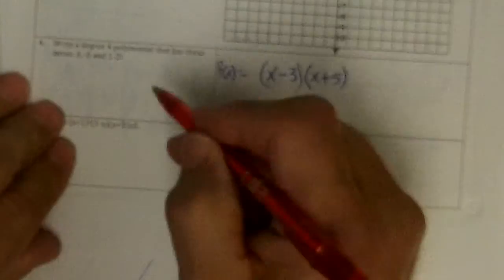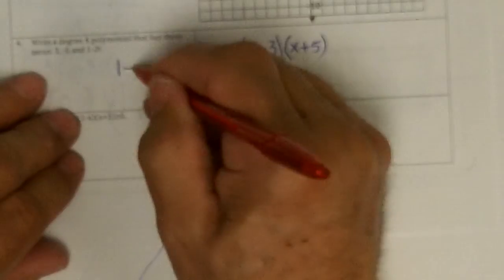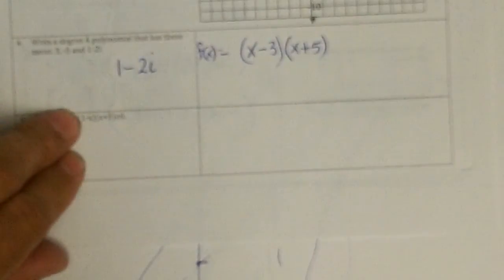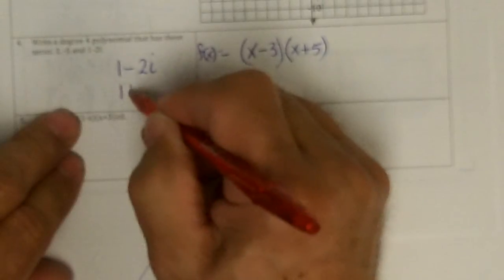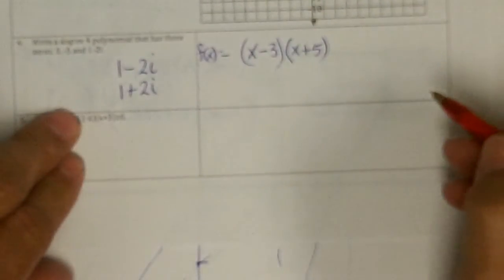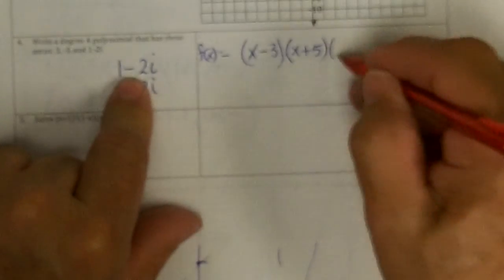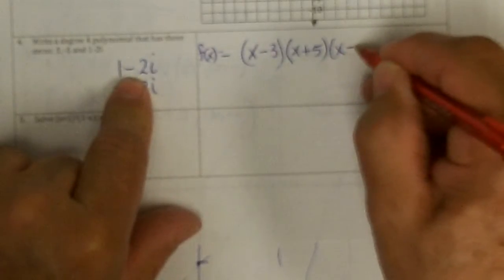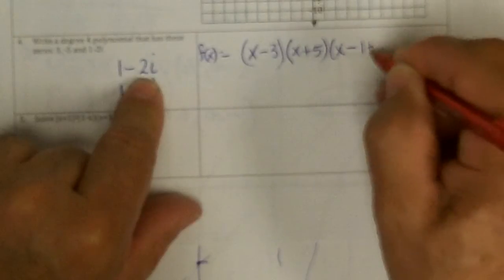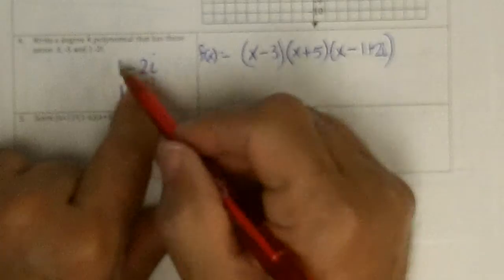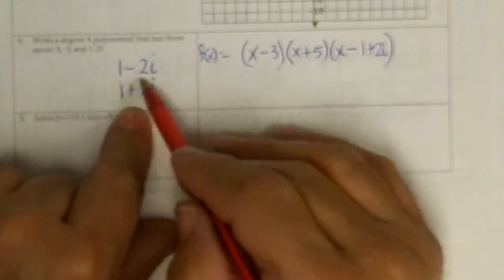And then it has to have 1 minus 2i. Well, if it has 1 minus 2i, then its complex conjugate must be 1 plus 2i. So now I'm going to write x minus (1 plus 2i), because I'm subtracting all of this, x minus this.